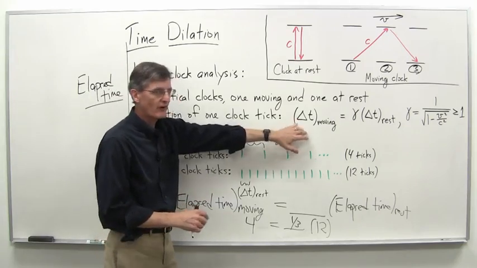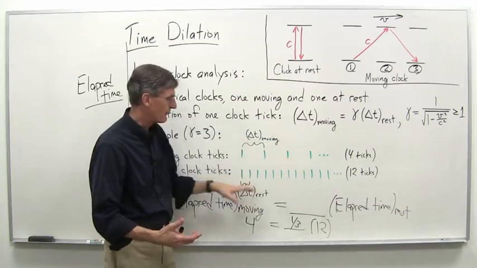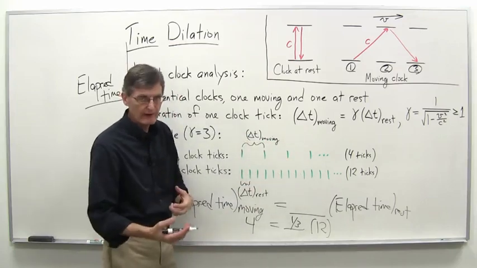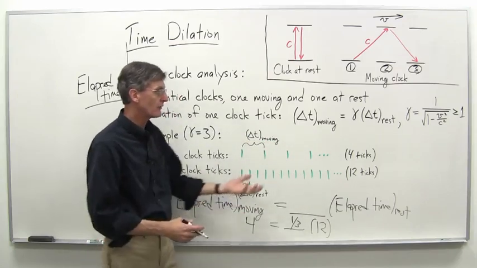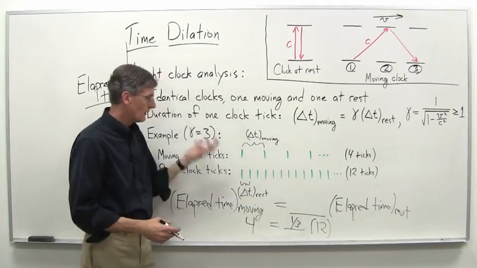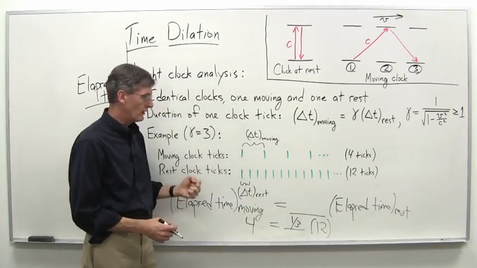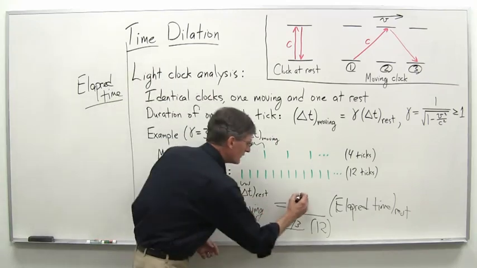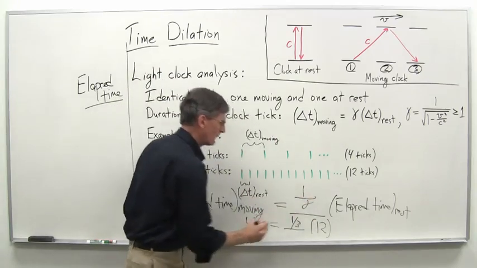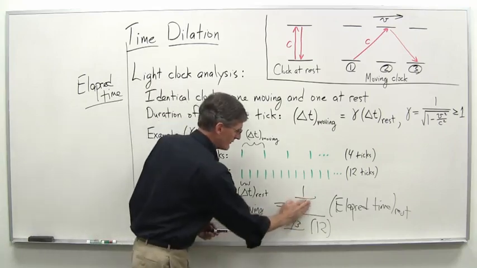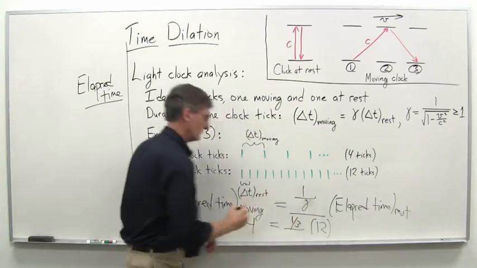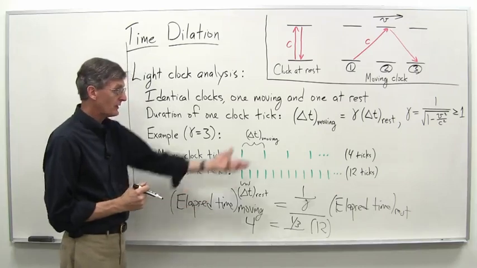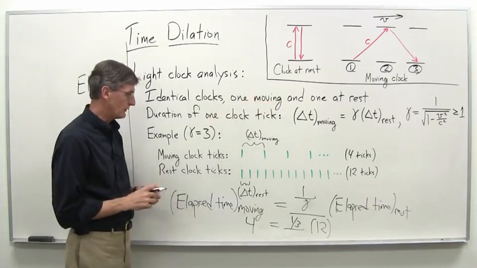Moving clock ticks are longer in duration. That means there are fewer of them. Therefore, you flip it around, elapsed time is going to be greater. You're going to get more ticks on the rest clock for the number of ticks on the moving clock. And so this factor right here is 1 over gamma. Anyway, 1 over gamma, where gamma is as we've defined it before.